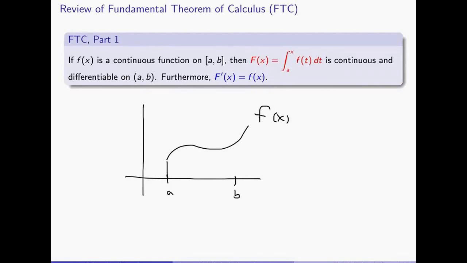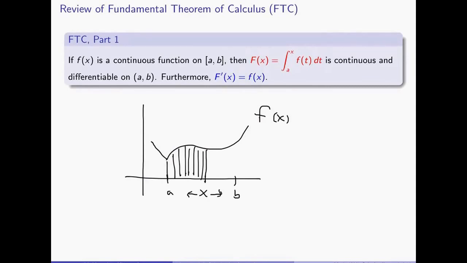Now this capital F of x function is the cumulative area, it keeps track of the area under the curve, and here x is our variable. So this area function is not only continuous, but it's differentiable, except possibly at the endpoints. And the reason why is because our original function might have a corner or something like that, in which case the area function is not going to be differentiable at a.